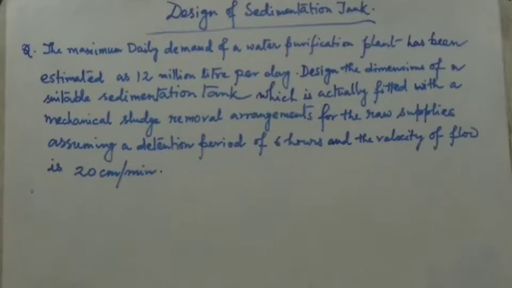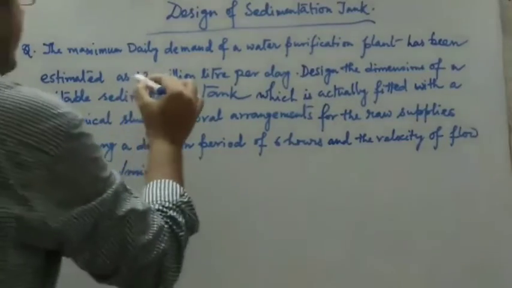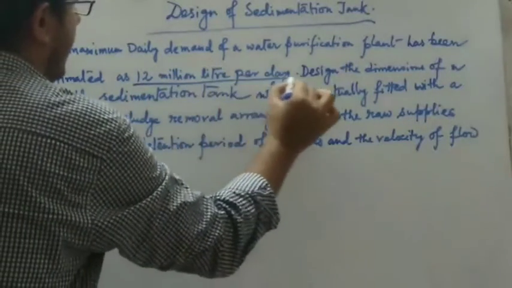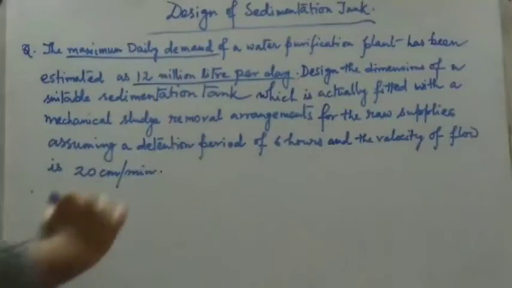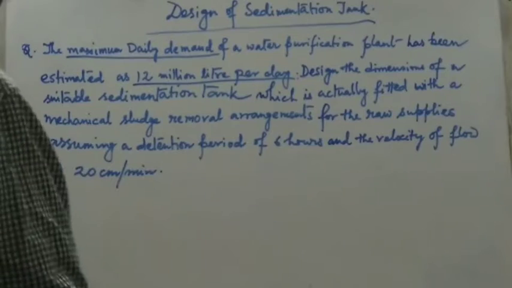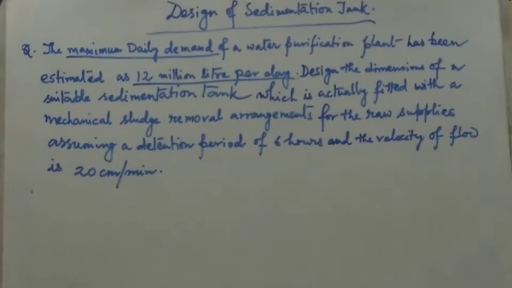sedimentation tank. So what are the given data here actually? The important given data is that 12 million liter per day is the maximum daily demand. It is very much important. It is the main factor for design of sedimentation tank.